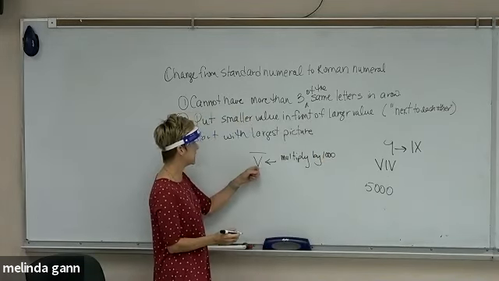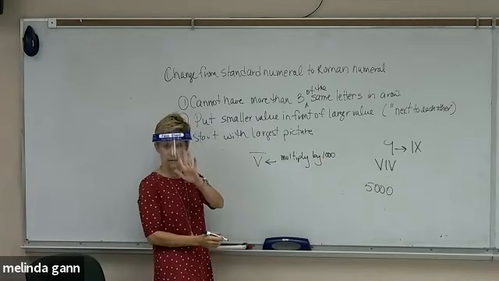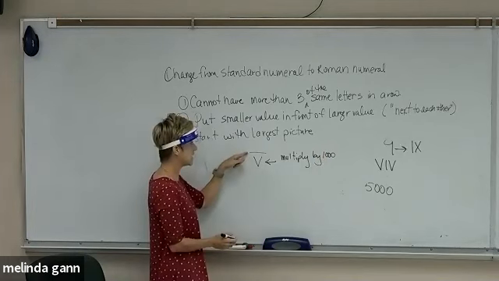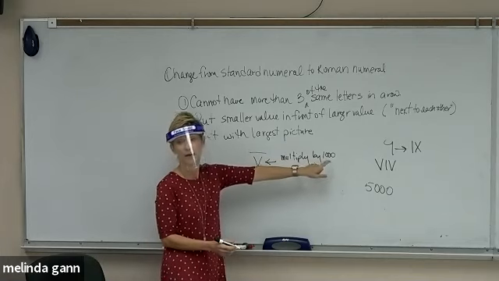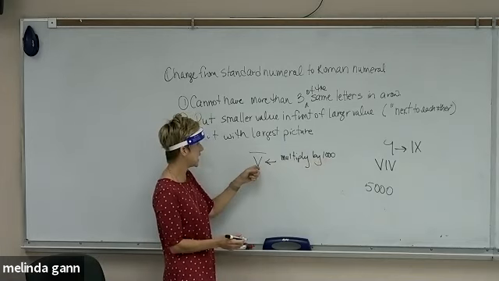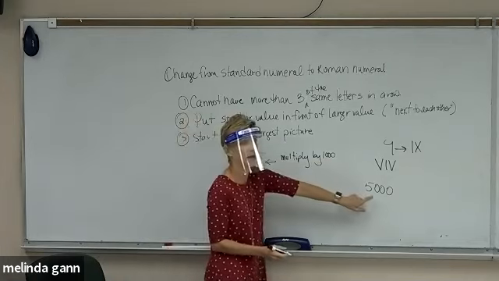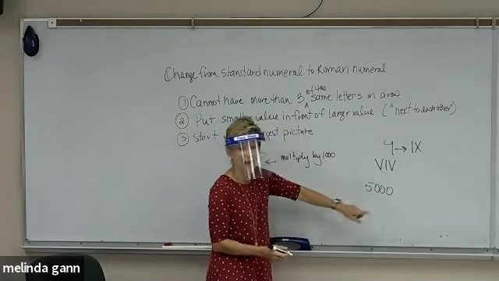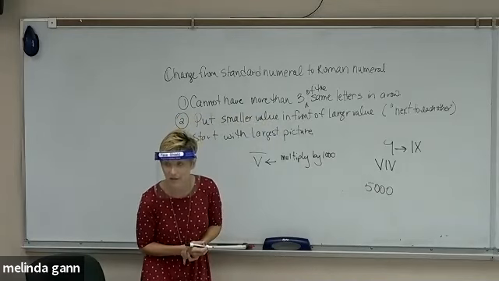See, what does that V stand for? 5. That bar stands for multiply that number by what? 1,000. So do you understand that V with the bar over it stands for what? 5,000. How would I make 6,000?